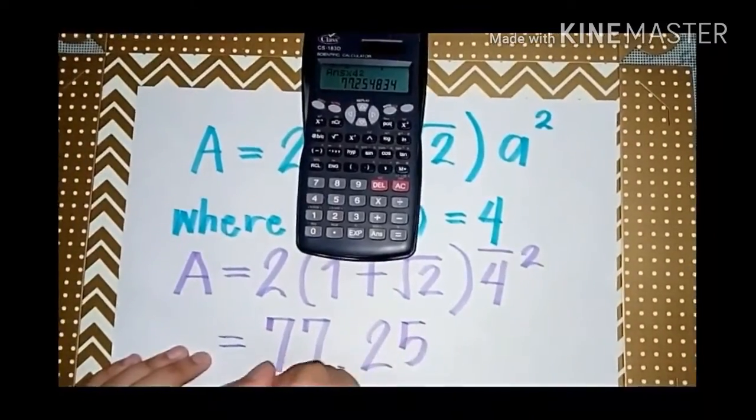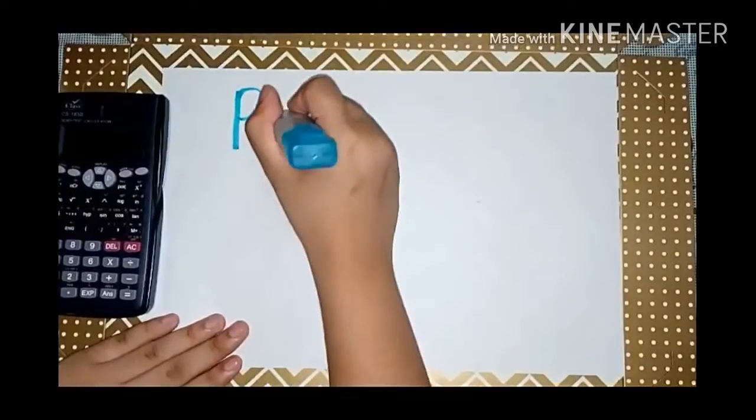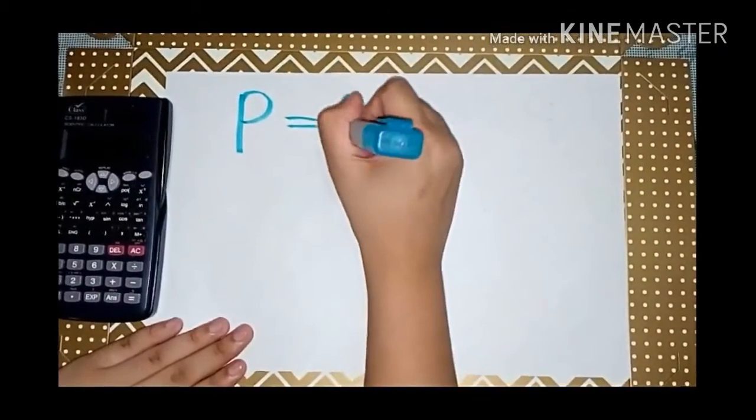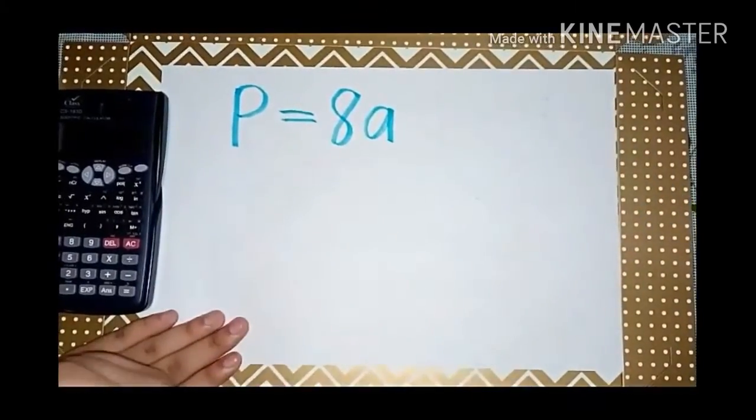A is equal to 77.25 inches. To solve for the perimeter, P is equal to 8 times a.